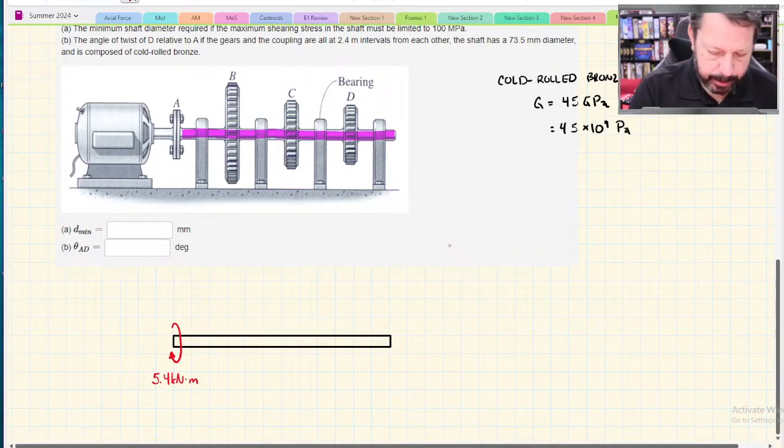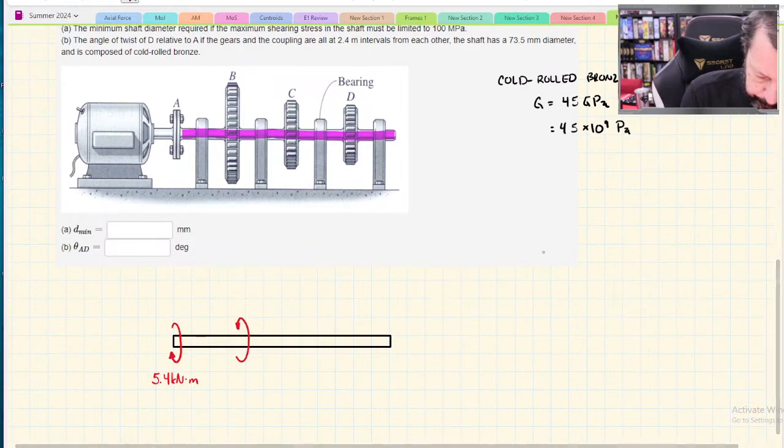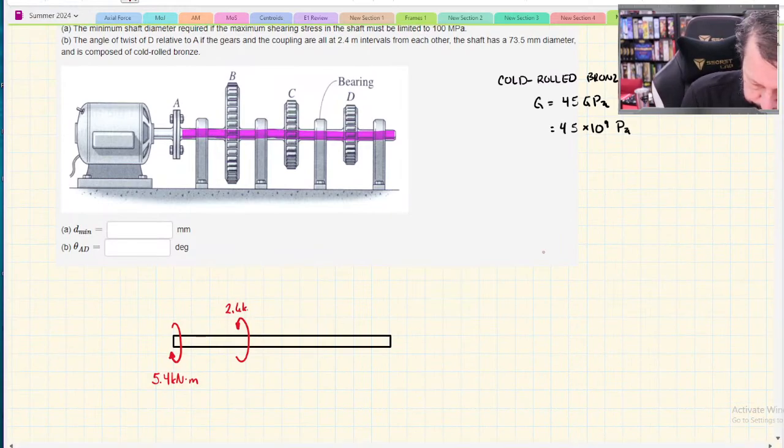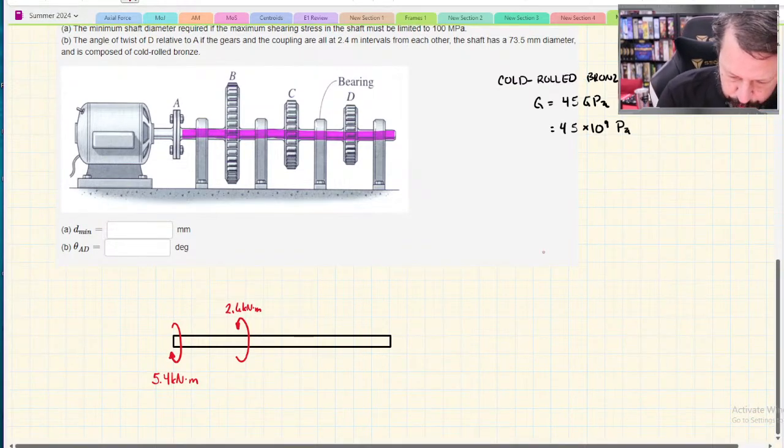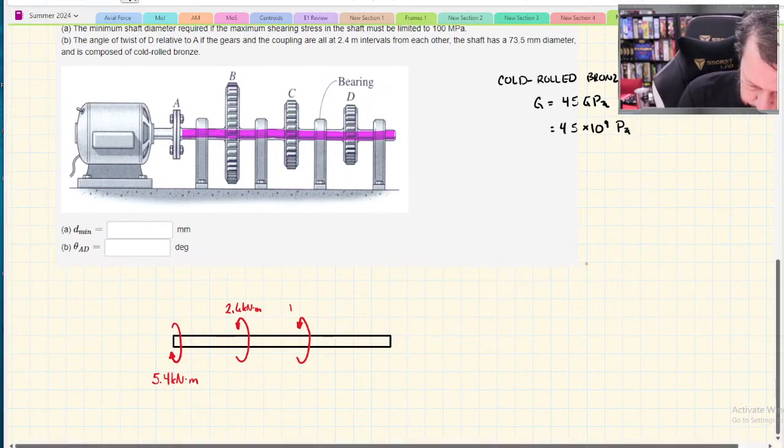And then at B, some of that is removed by machine B. For me, machine B was, so B, C, and D, 2.6 kilonewton meters. There's more of the input removed at C, which is 1.2.